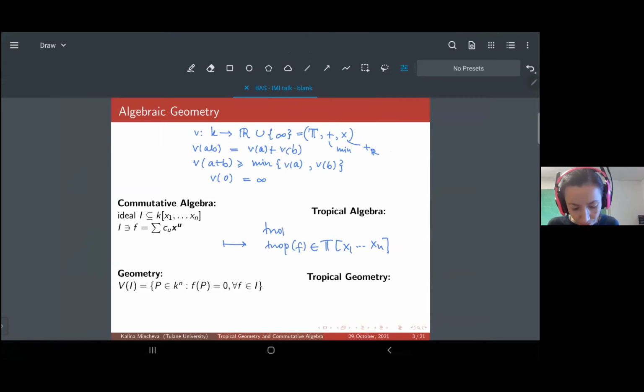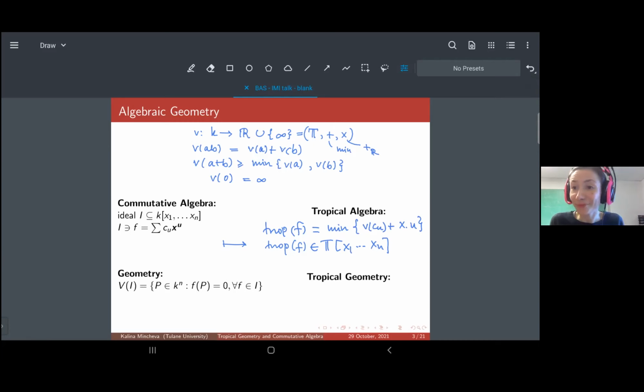And trop f is going to be the minimum over all monomials of the valuation of the coefficient of each, plus x dot u. So this is what it's going to look like. This is what I'm going to refer to as a tropical polynomial.